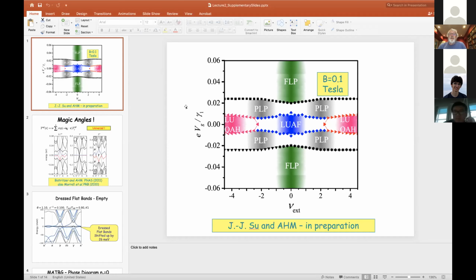It's been noticed a long time ago that some quantum Hall effects occur at extremely low magnetic fields in high quality bilayer graphene.